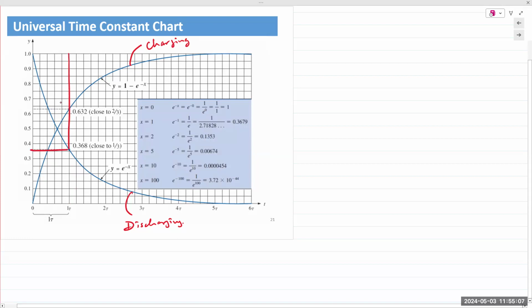It's a big drop and then it flattens out as close to zero as possible. So in both cases, it acquires or loses more than 60% of its energy after just one time constant. That's how we have to read this chart. But again, the value of the components and the value of the source does not matter. It always follows this exponential nature.